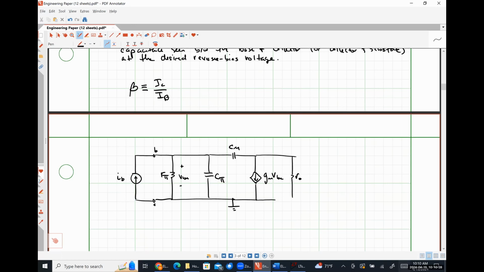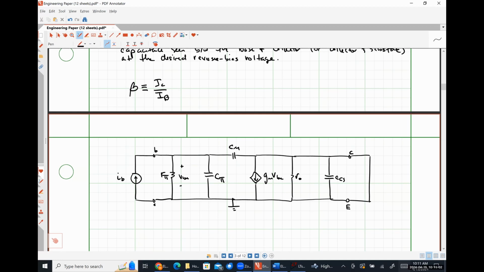Here's R naught. Because our emitter is at ground, CCS will just be between the collector and the emitter. Here's our collector terminal. Here's our emitter terminal. Recall that this is a short circuit current gain, so we're going to short circuit the collector and emitter terminals.